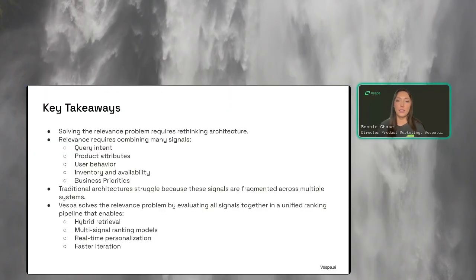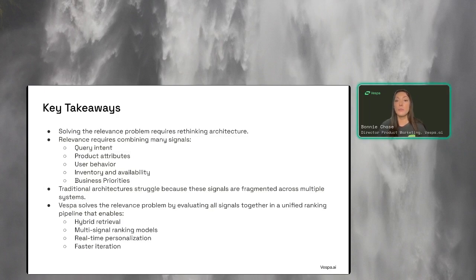So to wrap up, let's take a step back and look at the bigger picture. One of the core challenges we talked about today is that relevance in modern e-commerce is much more complex than it used to be. It's no longer just about matching words in a product title or description, because a good ranking decision has to balance many different signals at once.